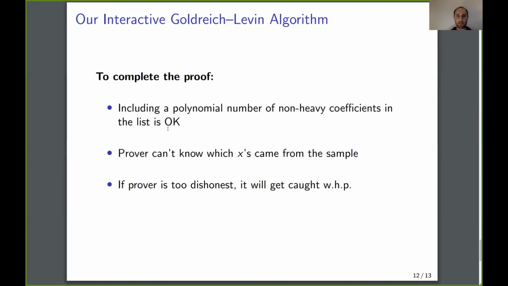The next point we need to take care of is that you need to be sure that the prover can't somehow know which are the decoy x's and which are the actual x's that the verifier doesn't know the value for. So how can we be sure that the prover can't somehow figure out which are the samples and which are the actual queries?